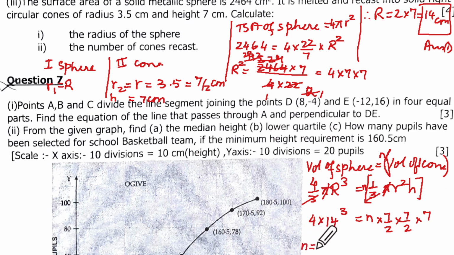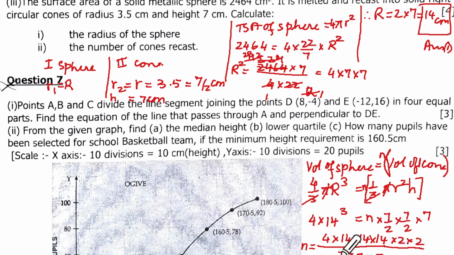So what is n equal to? 4 into 14 into 14 into 14 and into 2 into 2 upon 7 times 7 times 7.